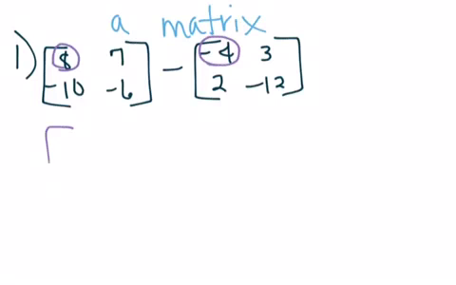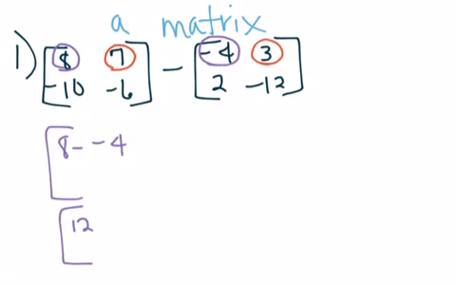So you would have 8 minus negative 4, which is 8 plus 4, which is 12. Then this one is 7 minus 3, which is 4. Then this one is negative 10 minus 2, which is a negative 12.